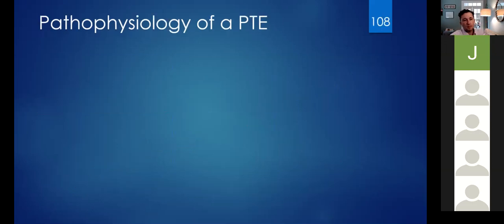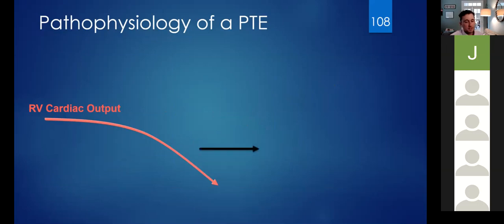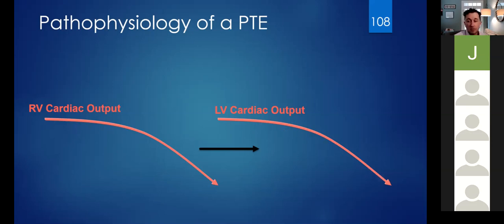Now, remember that the cardiac output between the left and the right side are in series. So the left ventricle can only pump out what it's received from the right ventricle. So as the cardiac output drops from the right side, it's going to lead to subsequent dropping of cardiac output on the left side.